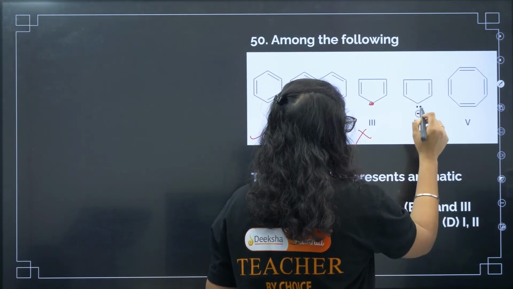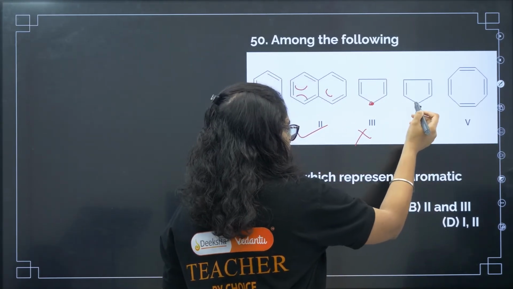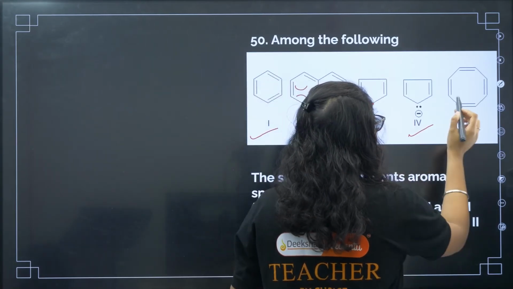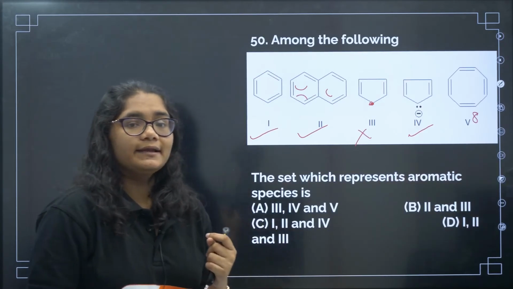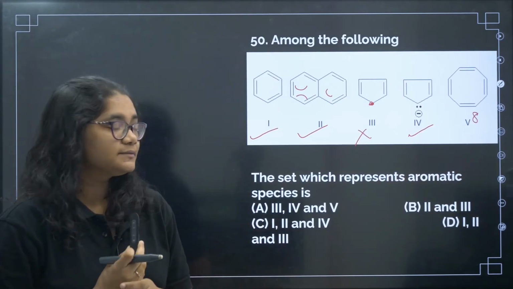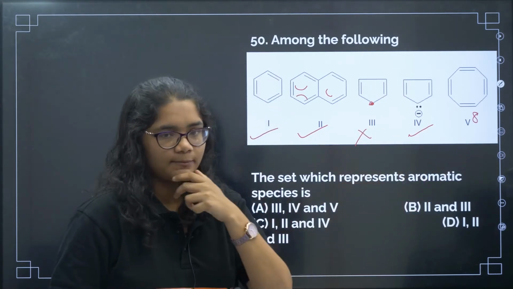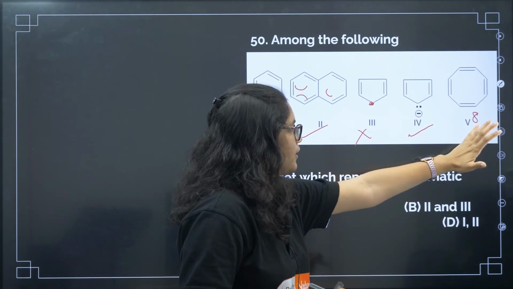Here, counting 1 2 3 4 5 6, again this is aromatic, and there is also conjugation. Next, in this compound, 1 2 3 4, there are 8 electrons, so it has anti-aromatic properties and is not aromatic.